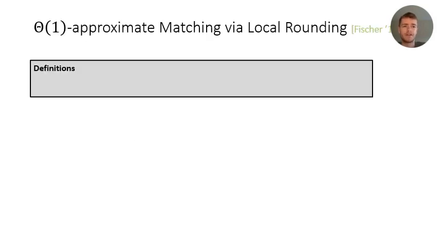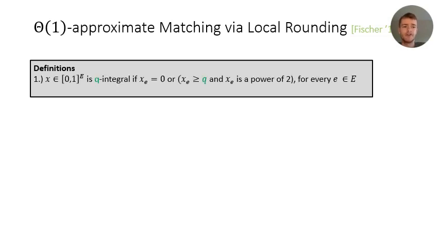So now let's see how this applies more generally to constant approximate matching. Let me first start with the definition. A fractional assignment x, assigning each edge some weight, we refer to it as Q integral, where Q is a parameter, if each edge is assigned a weight of either 0 or at least Q. And if it's assigned a weight of at least Q, then it should also be a power of 2.